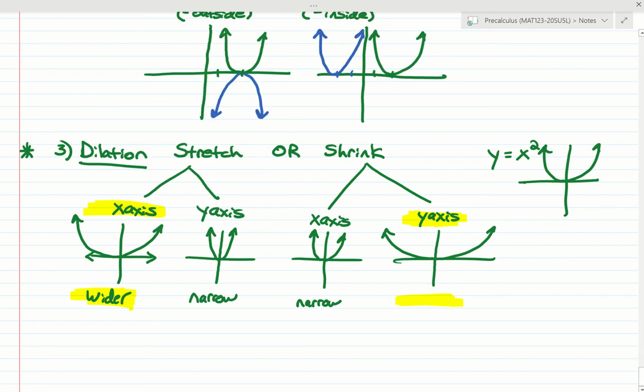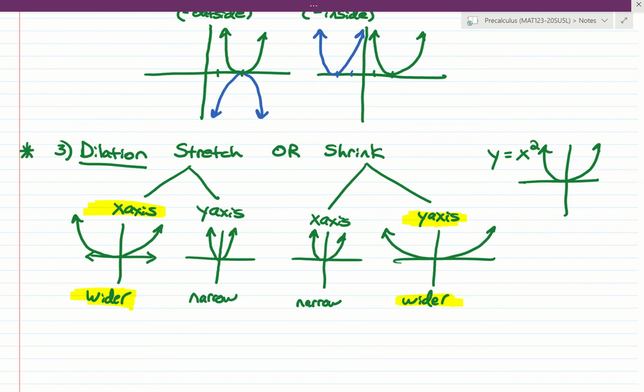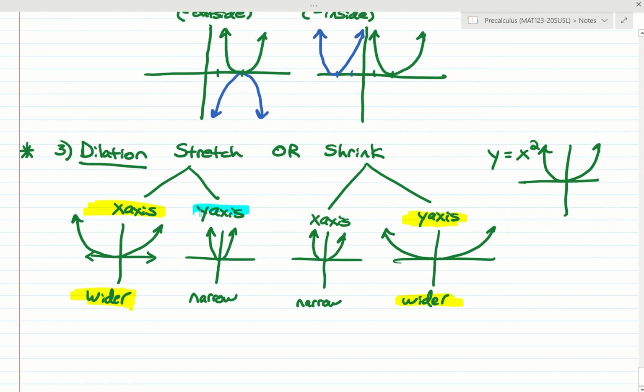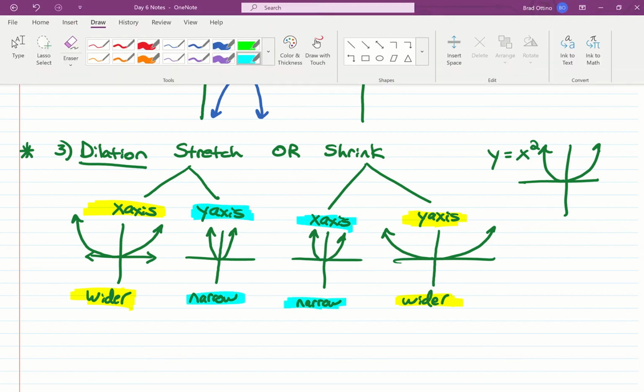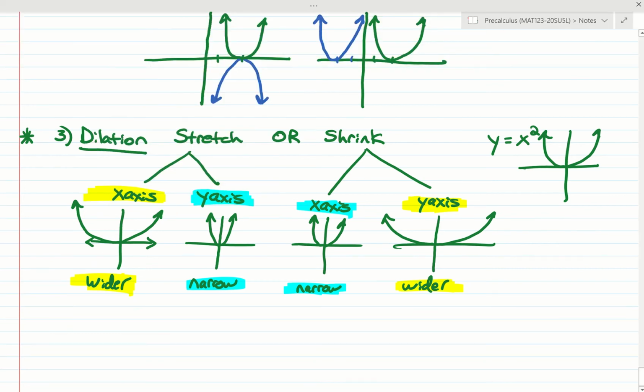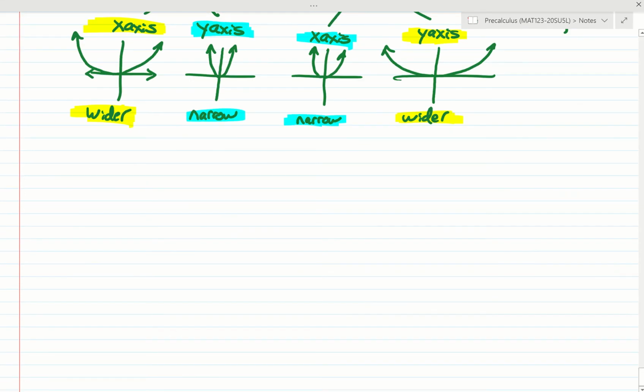So they're like opposites. All right, and I want you to notice also that a stretch in the y-axis, which makes it narrower, is similar to a shrink in the x-axis. So now let's talk about what actually causes these to happen. So in general, when we have a function, we could use absolute value just as our basic function.